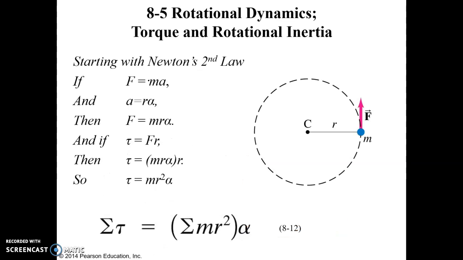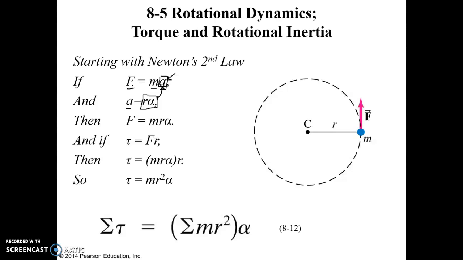All right, let's do a little substitution game here where we start off with Newton's second law of motion. Force equals mass times acceleration. But if we relate our linear tangential acceleration to rotational acceleration, that relationship is a equals r times alpha. So we could take this r times alpha and substitute that in place of a.